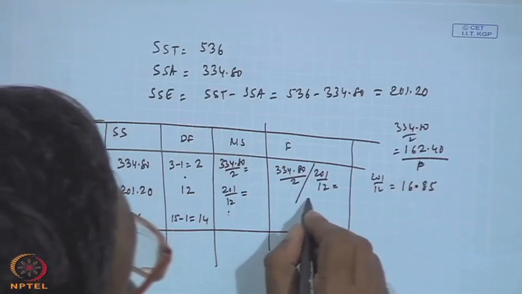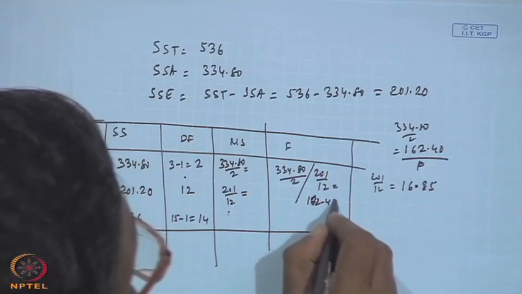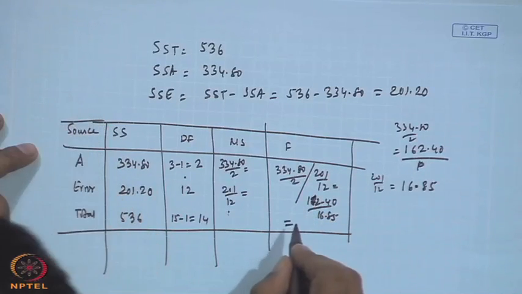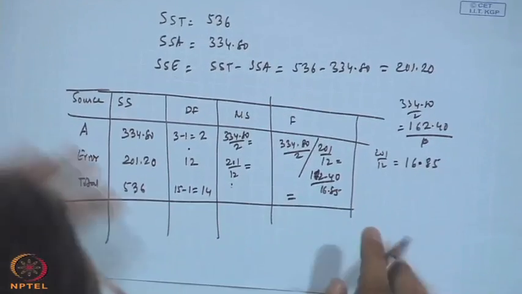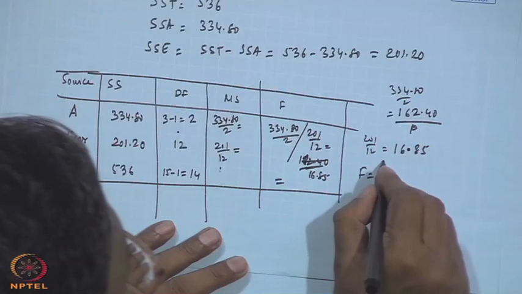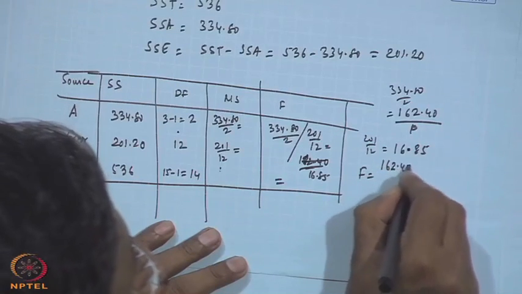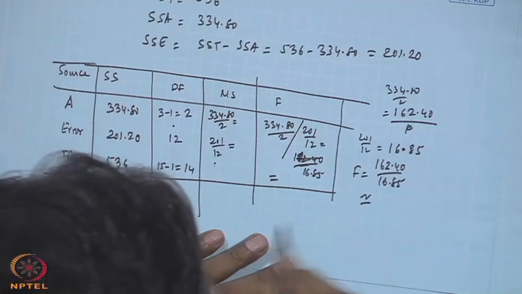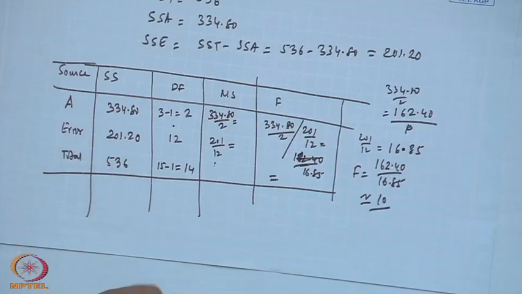So, the F will be 162.40 by 16.85. So, F is 162.40 by 16.85, it will be almost equal to 10.